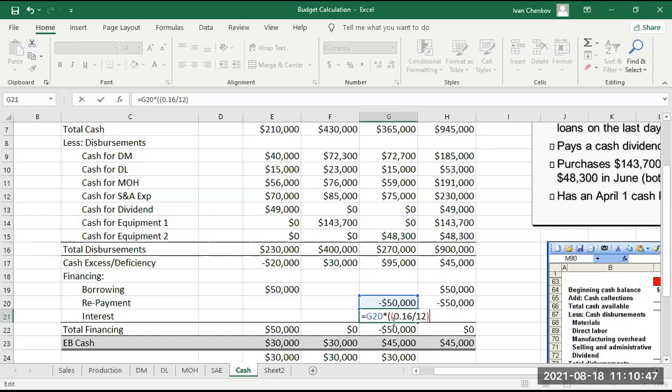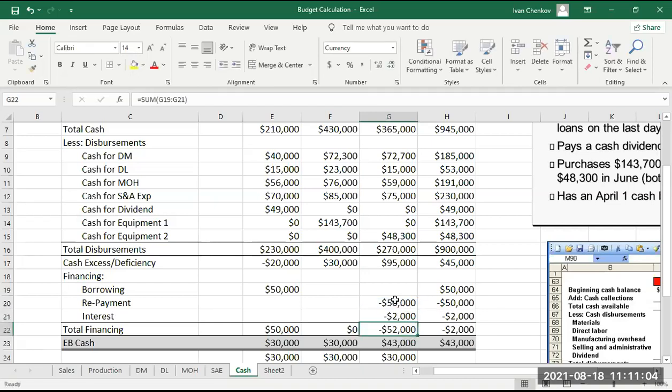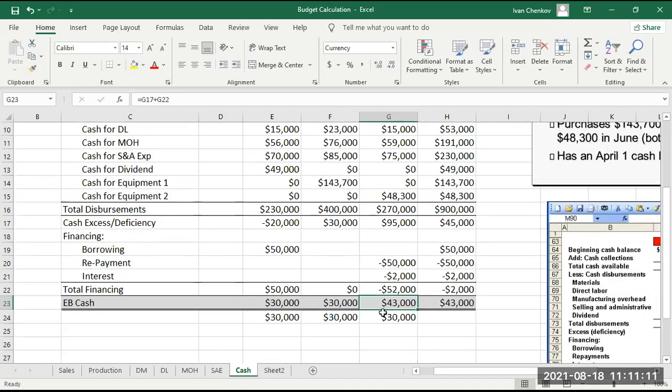And that will be times 3 months, because I borrowed at the beginning of April, all the way through May, and then repay at the end of June. So I have to pay interest of $2,000. So when I pay those 52,000, I'm at 43. So I'm still over the minimum required cash. Does that make sense?